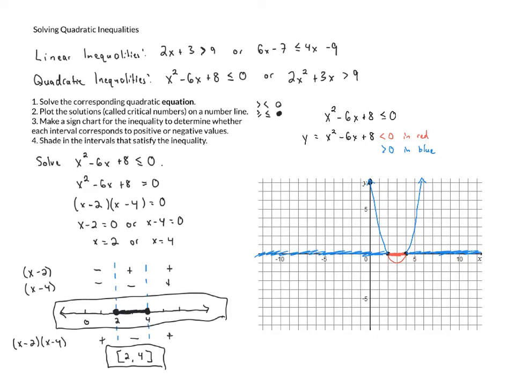So anyways, what we're doing when we're going through the process of making this sign chart, when we solve the corresponding equation, we end up with the points that are our x-intercepts, and these are the points where that expression is equal to 0. And then on these other intervals, the ones on the outside and on the inside, this is where our parabola is either above 0 or below 0.